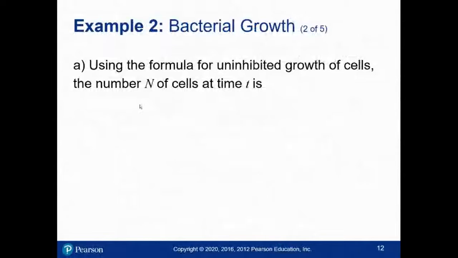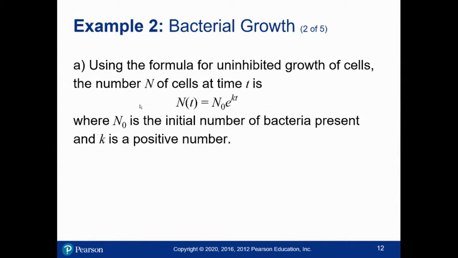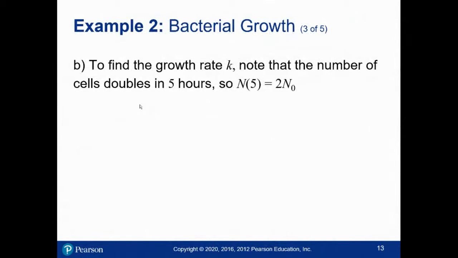All right. So here is our generic formula that represents uninhibited growth. That's really all we can do there. But now we know that it doubles in 5 hours. So whatever n sub 0 is, remember n sub 0 is our starting amount, now we know that at 5 hours, I have twice the amount I started with.